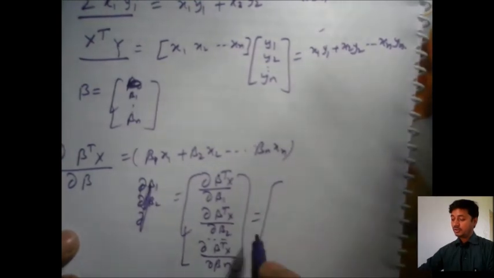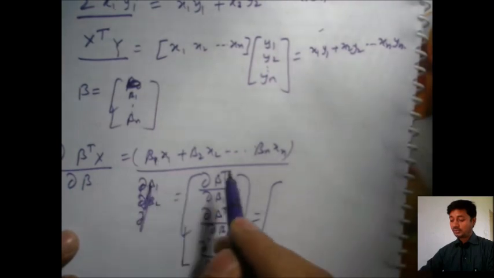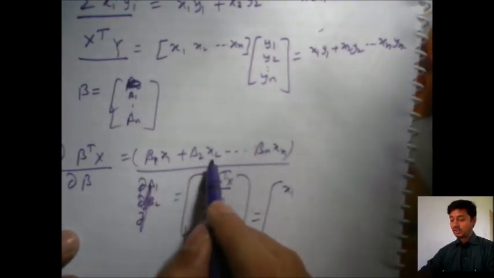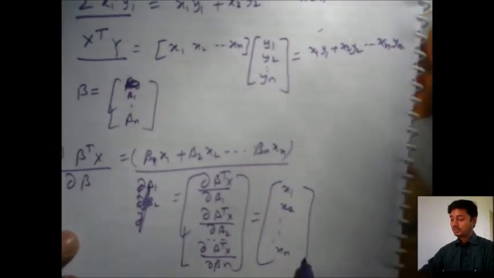If you differentiate this expression with respect to beta 1, you will get only x1. If you differentiate with respect to beta 2, you will get only x2, and so on. So you will get x.